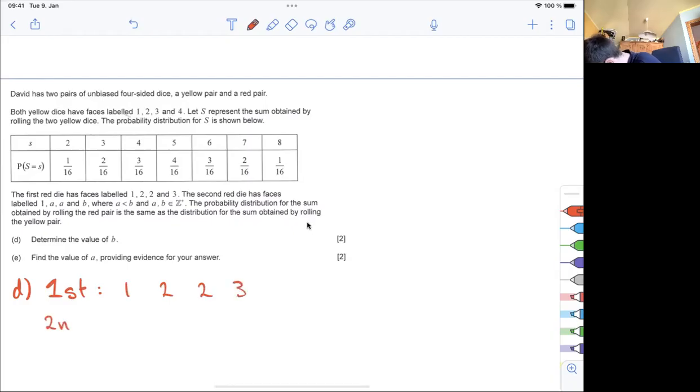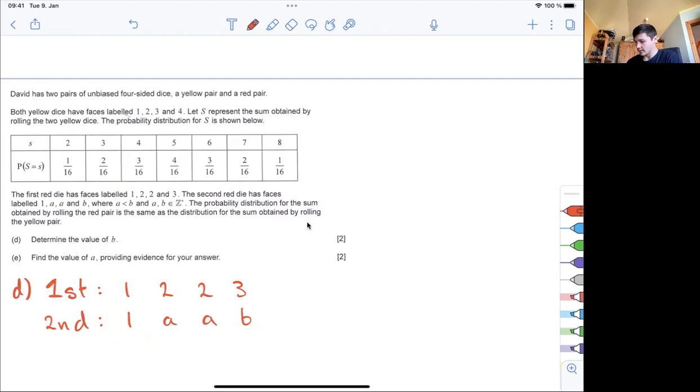And then let's put our second one here, where we've got 1, A, and B. And we know that A is less than B. When we look at the probability distribution up here, if we look towards the 8 column, there has to be only one possibility from rolling our two red dice that sums to 8. Looking at the possibilities, we can get 1 and 1, which would represent 2, and that gives us our 1/16. So that's already taken care of.